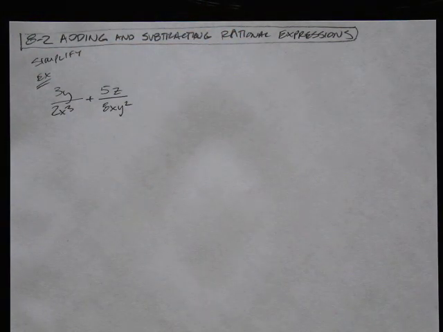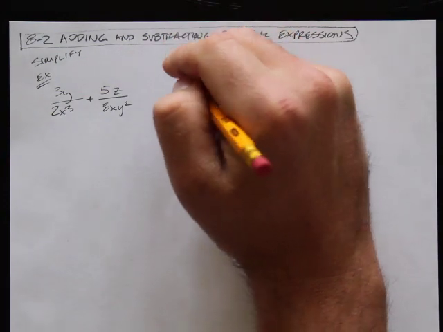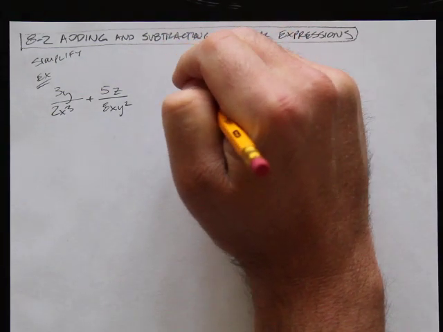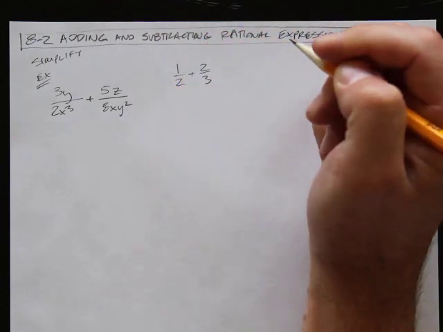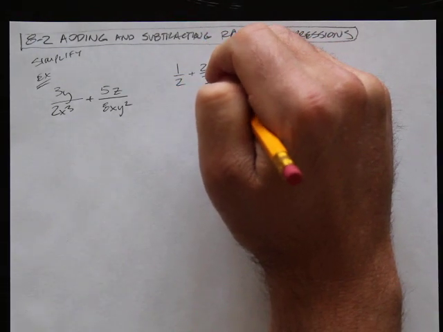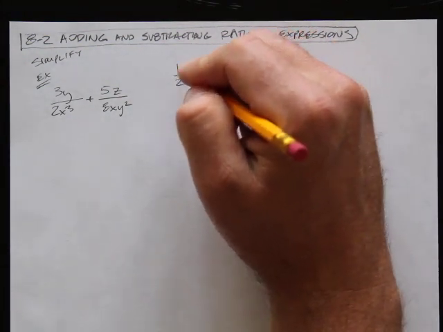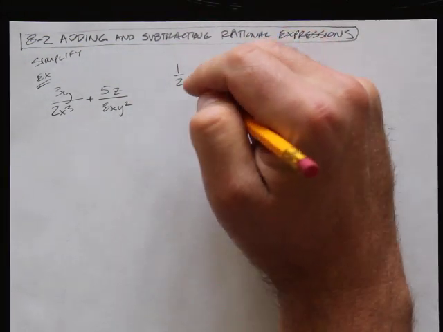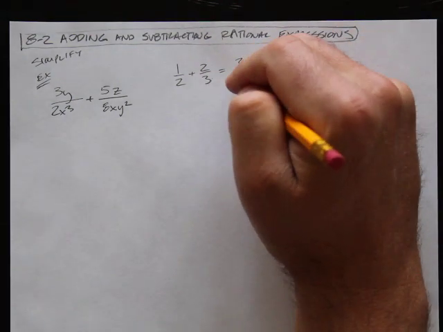Okay, so here's what we need to do here. Remember back a long time ago when you had 1/2 plus 2/3, and here's what we don't do, right? We don't just add straight across. 1 plus 2 is 3, 2 plus 3 is 5, right? That's not accurate.